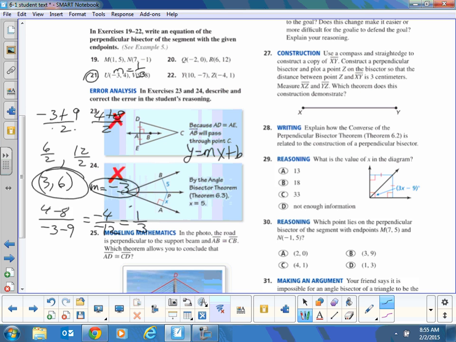I have y as 6 equals negative 3 times x, which is 3, plus b. So 6 equals negative 9 plus b. So b equals 15. Since b is 15, I can write my equation y equals negative 3x plus 15.